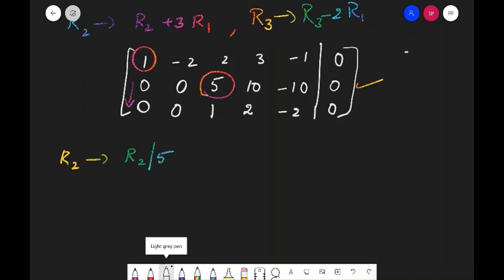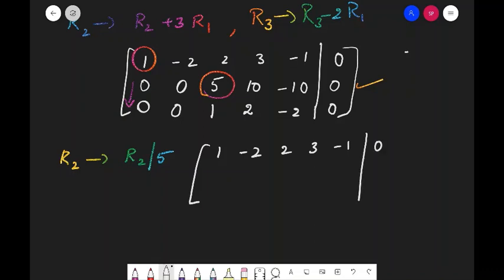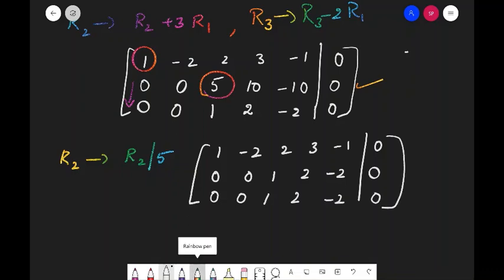Then this matrix will be reduced to 1 -2 2 3 -1 0, and then 0 0 1 2 -2 0, and the last two remain the same, 0 0 1 2 -2 0. If you observe here, let us mark the pivot positions, and these two rows are nothing but the same.